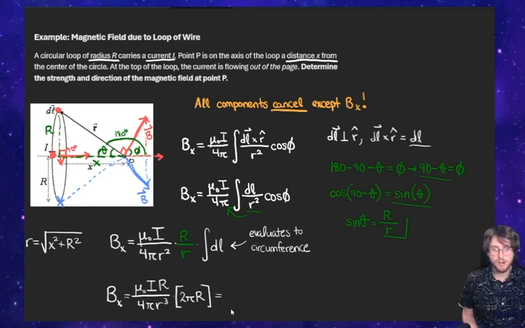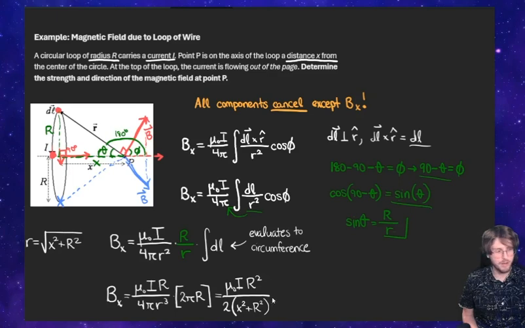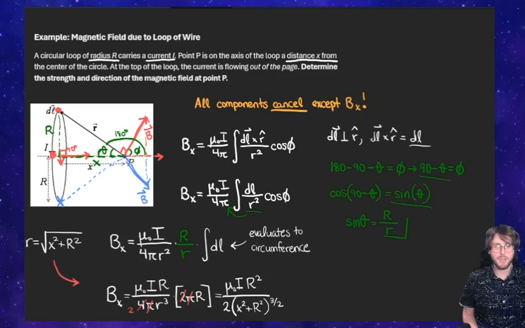And so our final answer here would be mu naught I times big R squared, divided by 2 times, and here's where it looks a little nasty, x squared plus R squared to the power of 3 halves. The last couple of things I did there was I took these pi's out, I took this 2 and reduced this 4 down to 2, and then replaced little r with our Pythagorean solution over here. So this right here is our final answer.